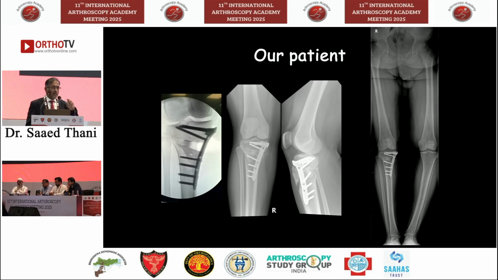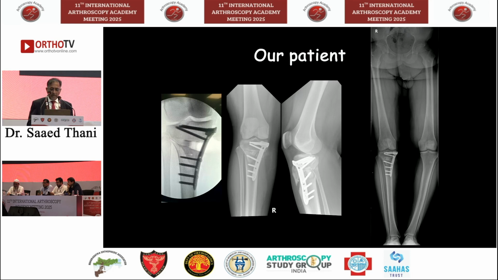Plus, we used 2 iliac crest bone blocks to fill. Each one was about 20 millimeters in length as a wedge or structural allograft. And we cut the tibial tubercle distally to avoid shortening the patellar tendon.